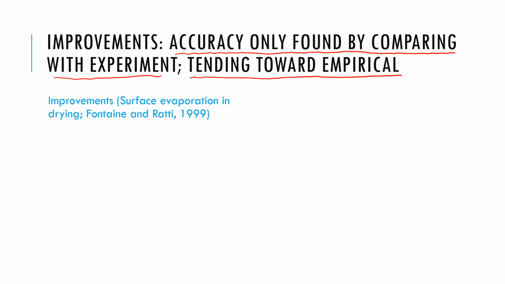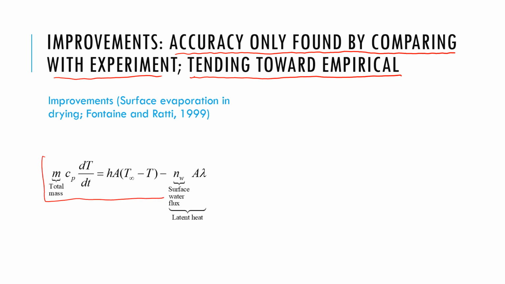So there are two examples I want to share where the lumped parameter model is improved. In this one, the researchers included surface evaporation. So when you are heating the product, which is this part, just our regular lumped parameter model, to that you also include evaporative heat loss. So how do you do that? You can actually do the experiment to see how much water is lost, at what rate water is lost.